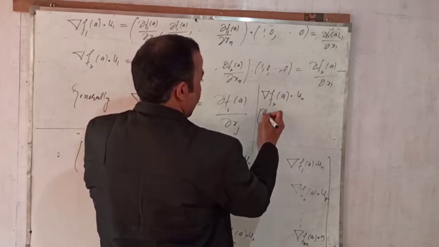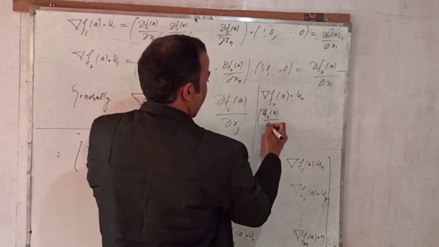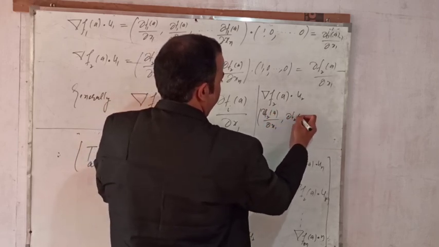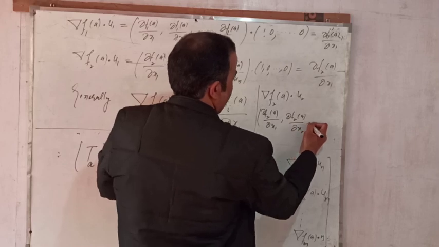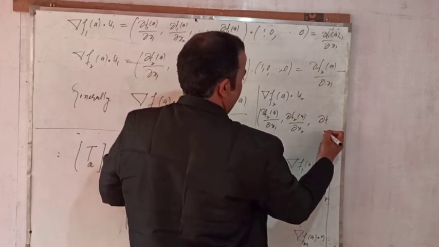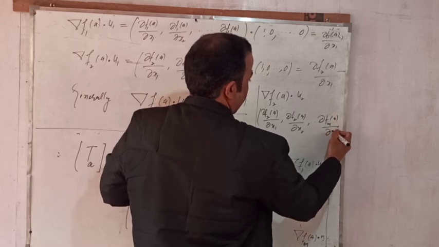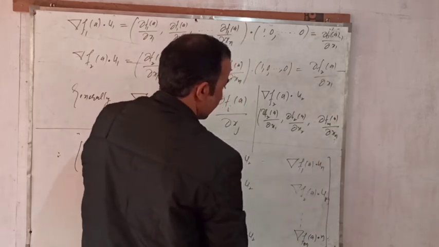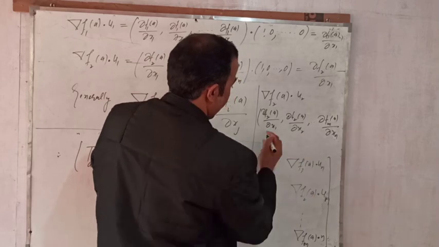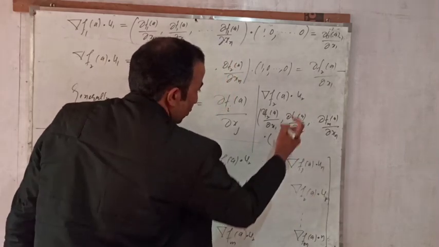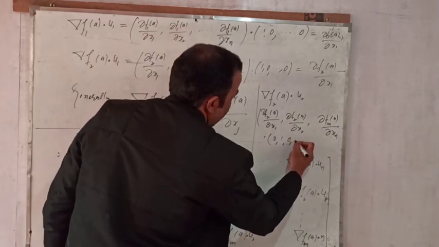Delta f2 at a means del f2 at a by del x1, del f2 at a by del x2, and so on, del fm at a by del xn, dotted with u2, which is 0, 1, 0, and so on, 0.